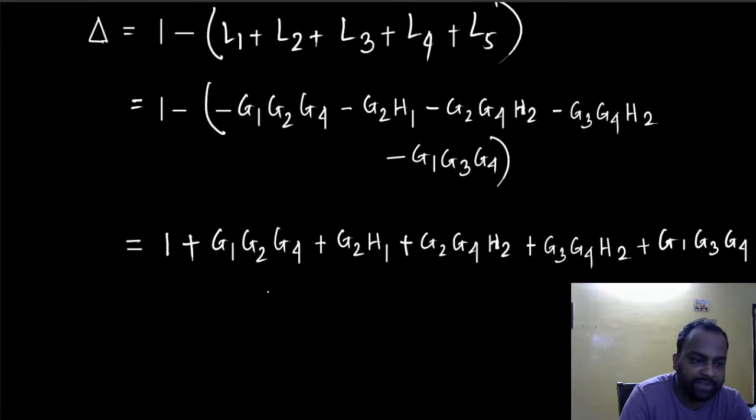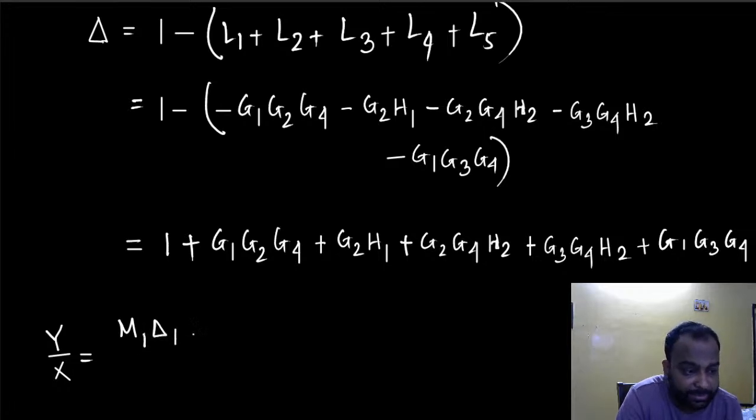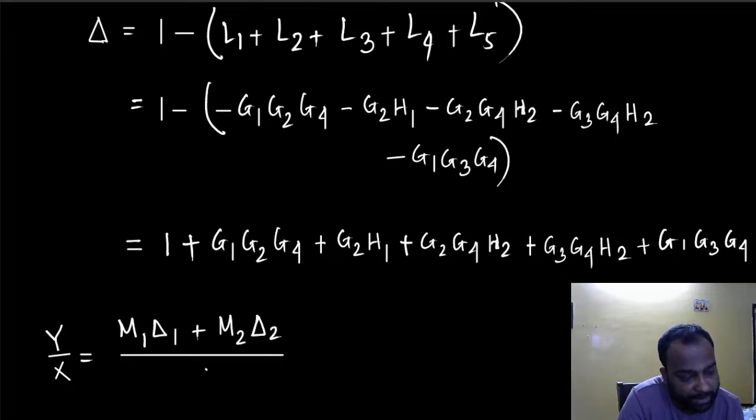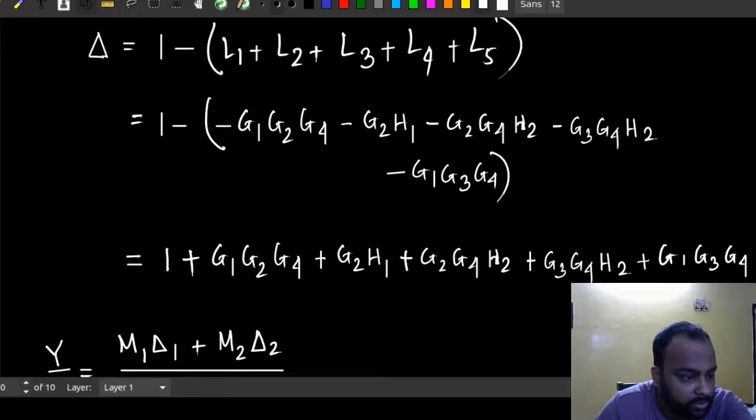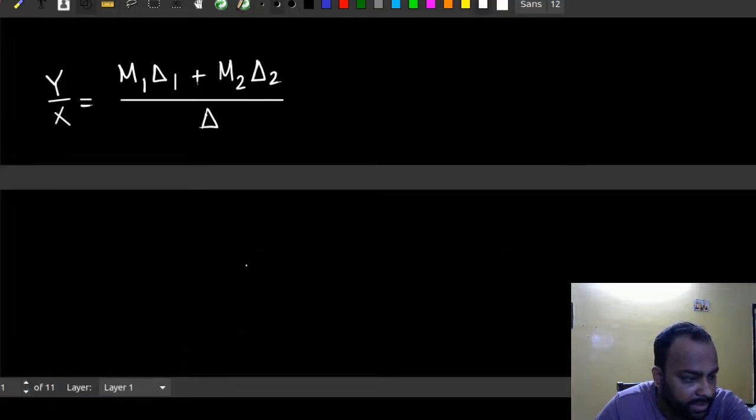And now Mason's gain formula tells you that the transfer function is the summation of Mk delta k. So here it would be summation M1 delta 1 plus summation M2 delta 2, divided by delta. Now let me do that and increase the page, right?